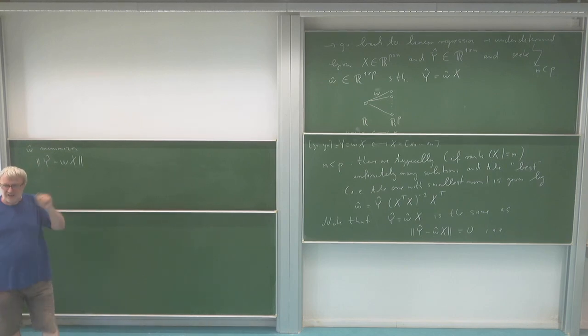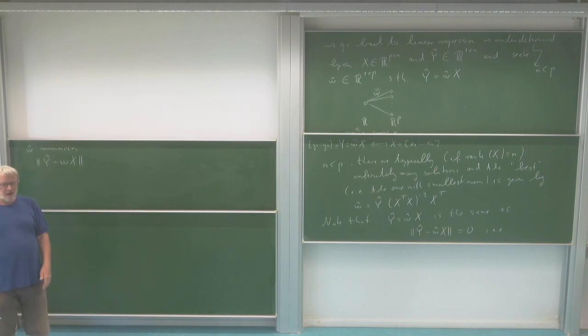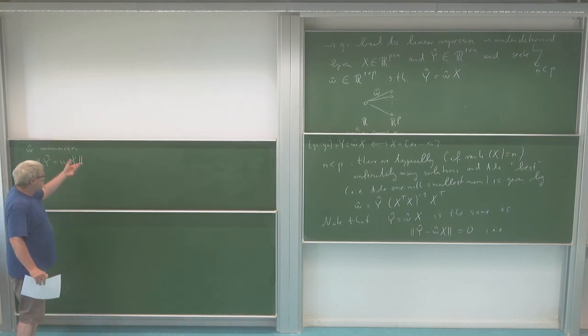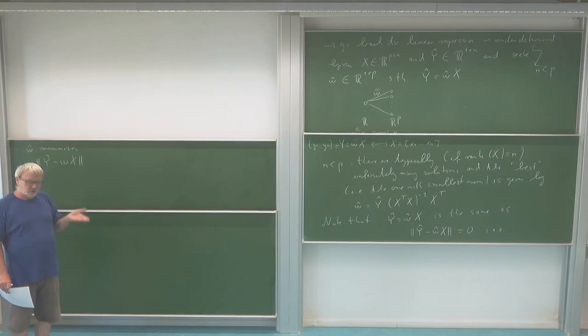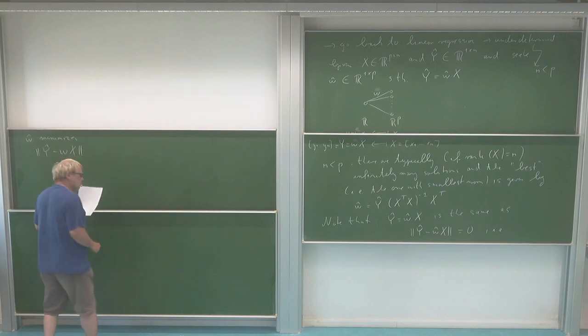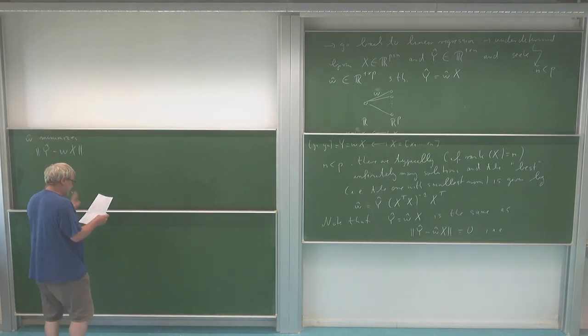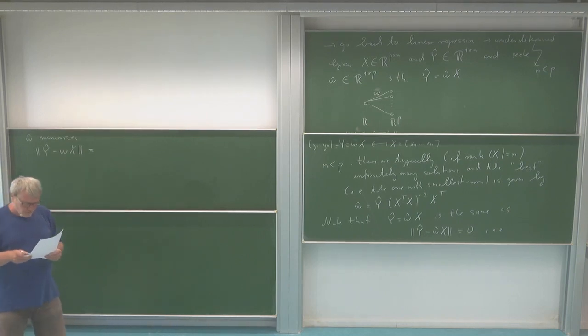In the overdetermined case, I cannot achieve 0, and then the least squares algorithm is really that I optimize this. I'm looking for the best W which makes this as small as possible. In the overdetermined case it cannot be equal to 0, but I make it as small as possible. In the underdetermined case, it can be equal to 0. So in principle, I know that I have a solution, and I know what it explicitly is, but we want to consider it from the point of view of optimization.